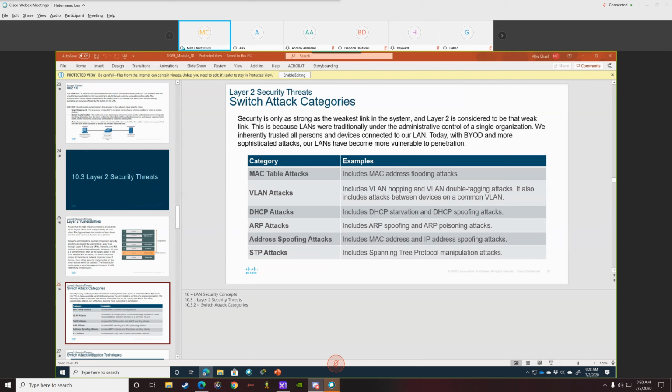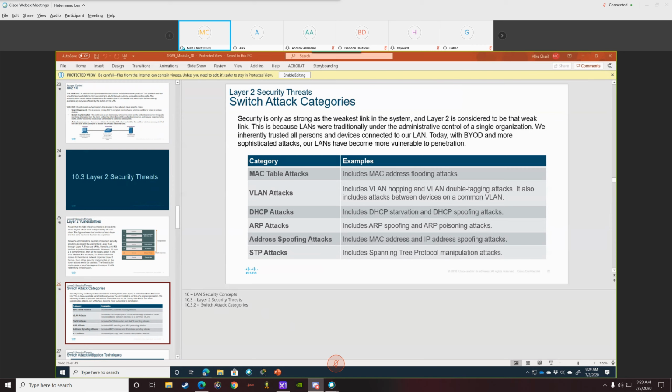They sell you a kit for ethical hacking, and that's what they use. They use macof and inject massive false MAC addresses into the switch, and it causes the switch to fail.